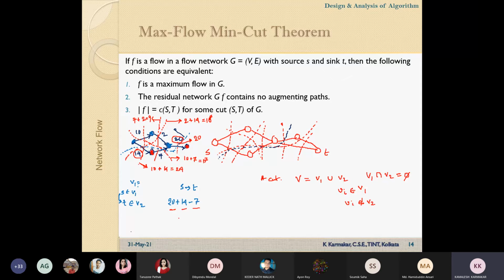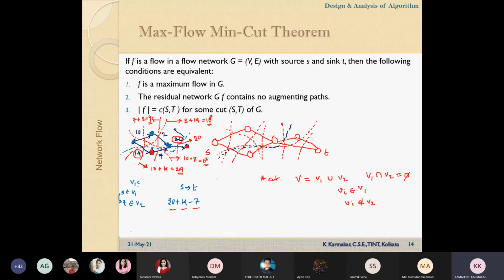The minimum cost is basically, what will be the minimum cost? So minimum cost of all this, so here it's 14, here it's 17, this value is much larger, this value is 16, this is 9. Okay, if these are the costs, which one is minimum among these cuts?